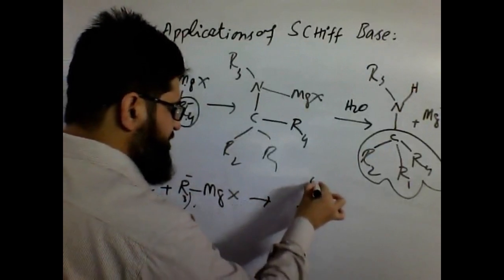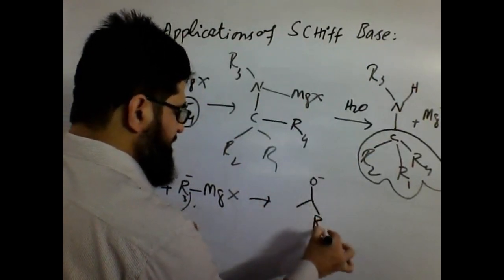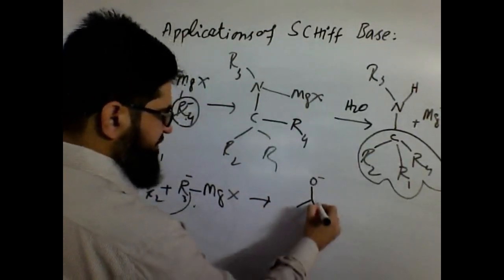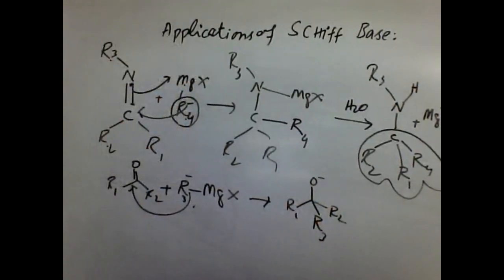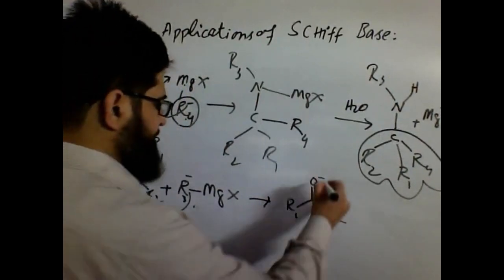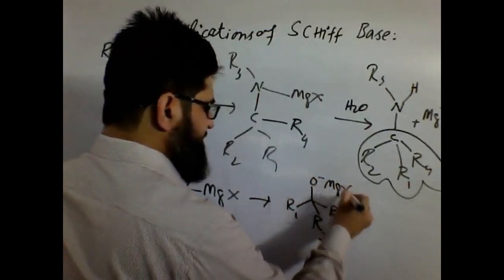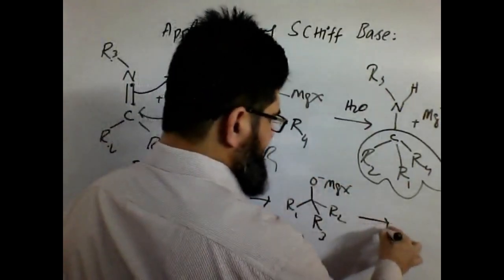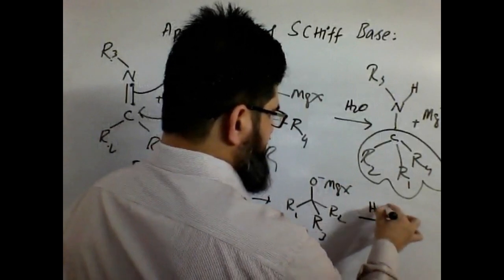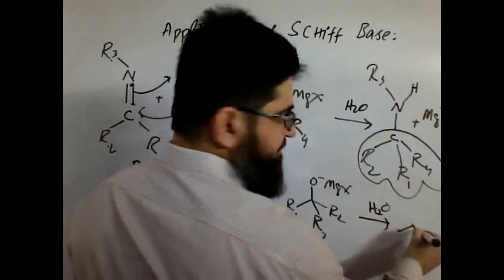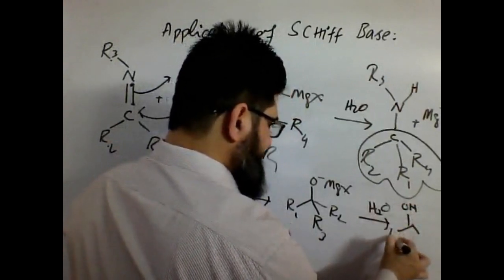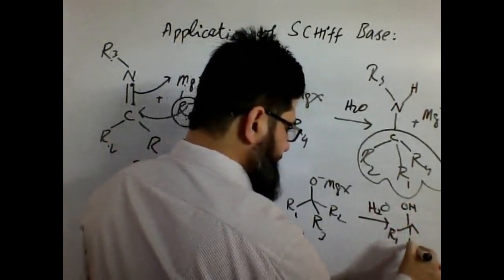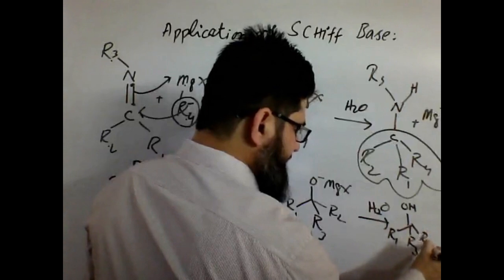We will have oxygen in the form of a negative. Here is your R3, here is your R2, here is your R1. It carries MgX at the first step, then we put in acid and water and neutralize this to the corresponding alcohol, R1, R3, and then R2.